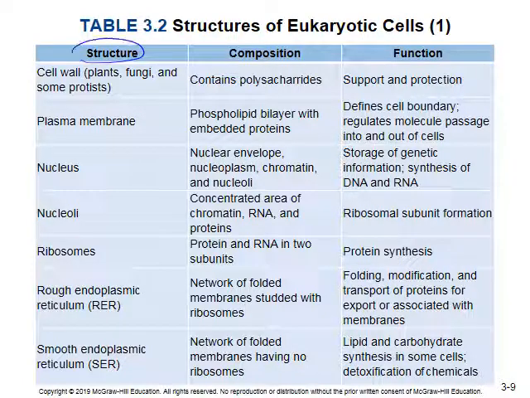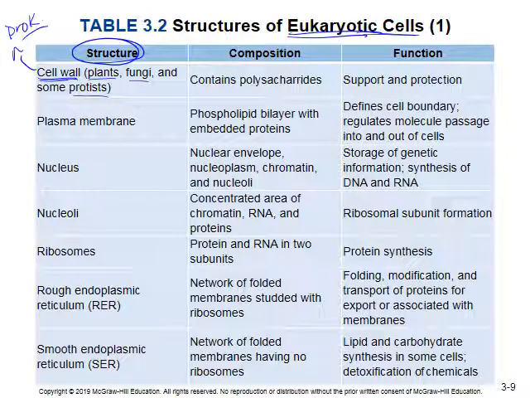So we're looking at the structure of eukaryotic cells, and it goes through each one and talks about what it's made up of and what its function is. So we do see cell walls in some eukaryotic cells. So we have plants, fungi, and some protists have cell walls. This is something that's also similar with prokaryotes, right?